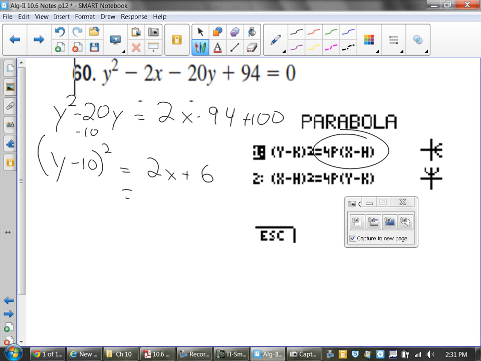Yeah, what happens here is you factor out the 2. So this gives you the information that your center will be at -3, 10, but your 4p equals 2, so p is 1/2. So it's open and right, just add 1/2 to the vertex.